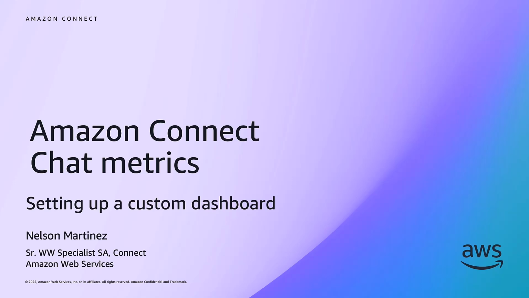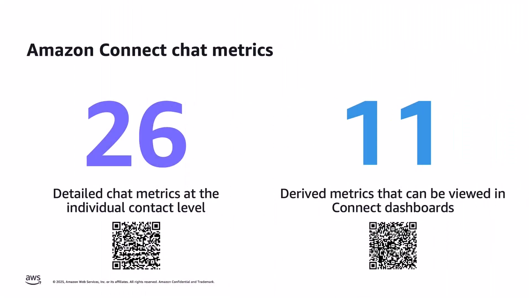Today, I'm excited to announce that Amazon Connect now offers new chat performance metrics that enable contact center leaders to better understand and optimize their chat operations. Customers now have access to 26 detailed chat metrics at the individual contact level, part of the contact records, plus 11 derived metrics that can be viewed in Connect dashboards.